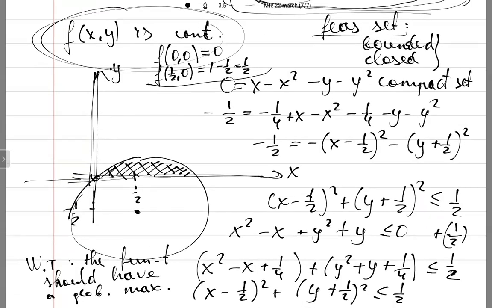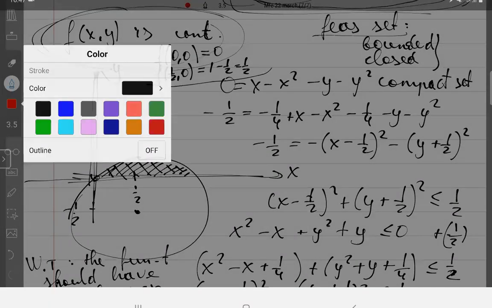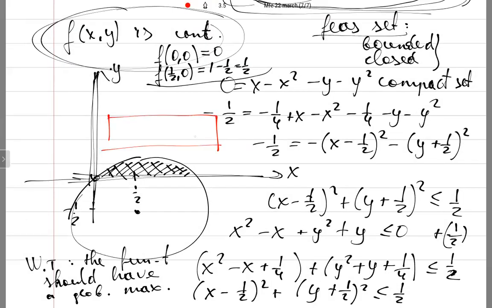At the first, the value of the function is 0. At the second, the value of the function is 1/2. I'm maximizing. So the final answer is 1/2, 0, and the maximal value is 1/2. Here it is. This is the best point.